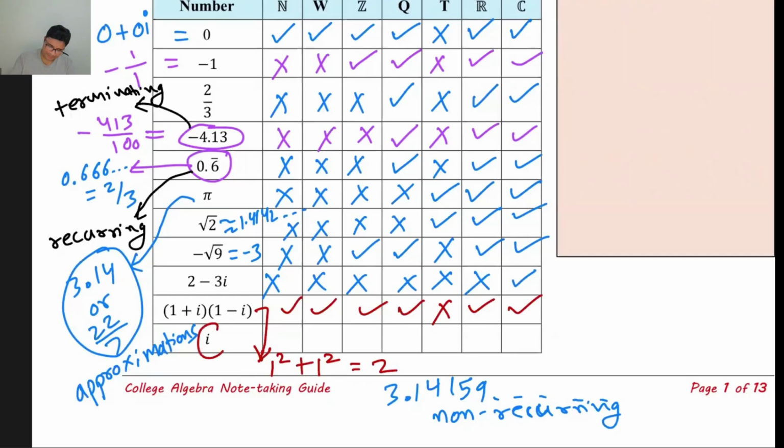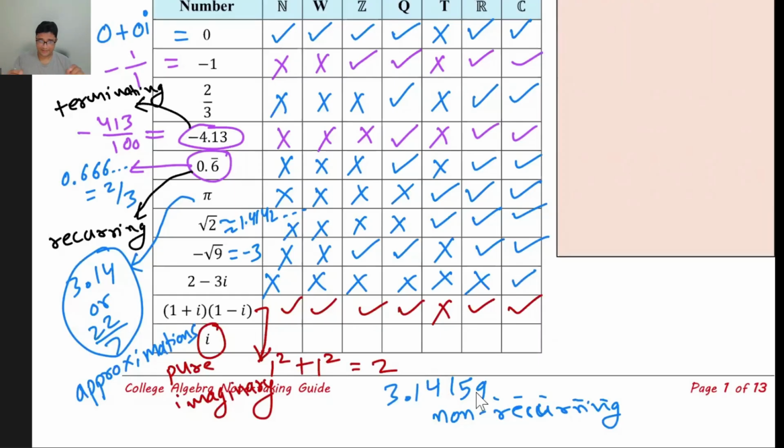And just the number i is called pure imaginary. Maybe I should have used a different color here, now that I think about it. If you have just i, not a separate number without i, like 2 minus 3i has 2 and 3i, that 2 is called the real part, 3i is called the imaginary part.